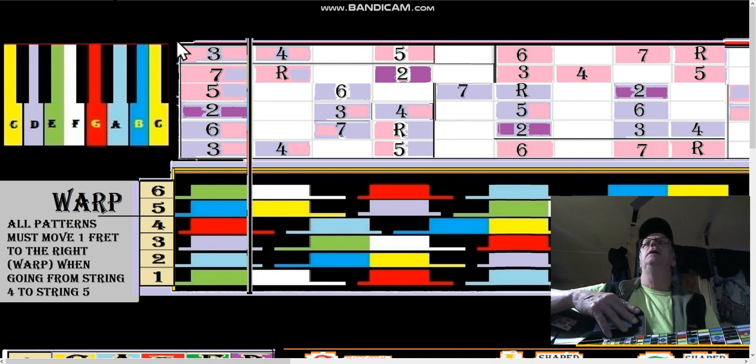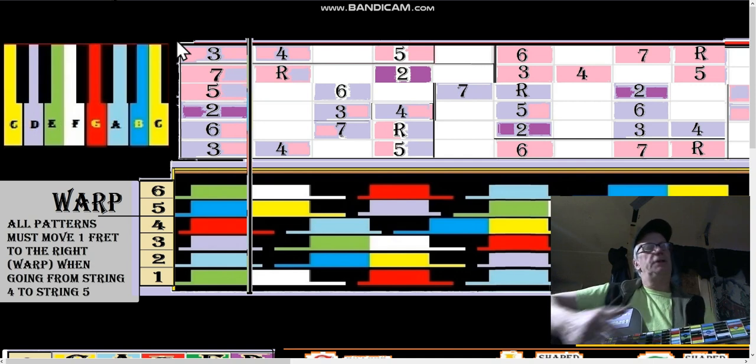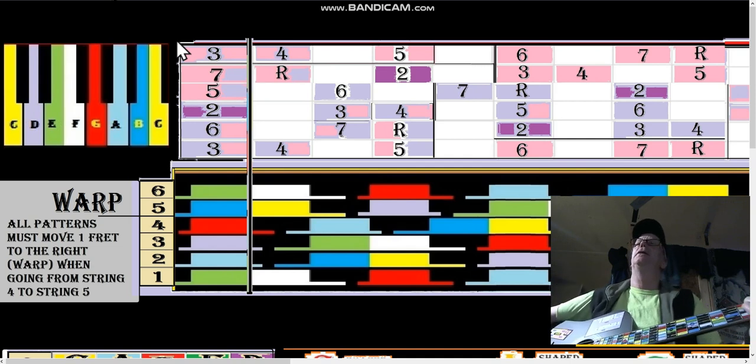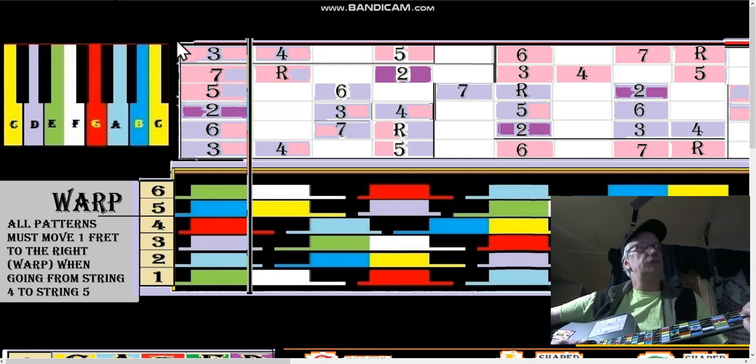When you do CAGED on the neck there and do the C here, that's a C major. But now this, you could say is the fifth of C. It most certainly is. But if you did a major scale from here, you would get a G major scale.